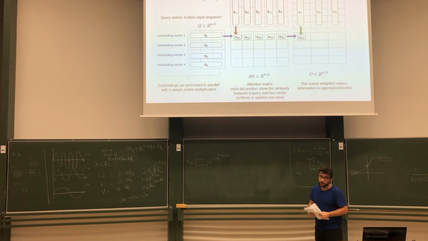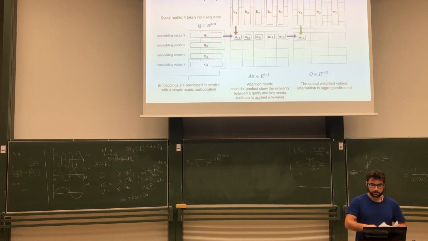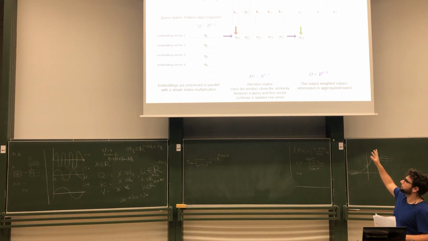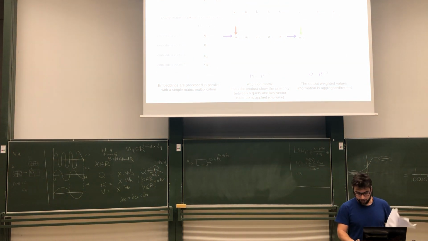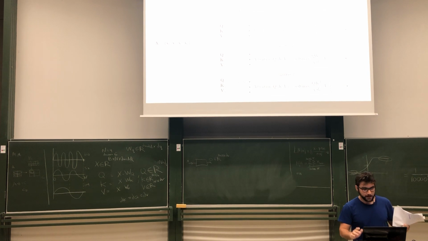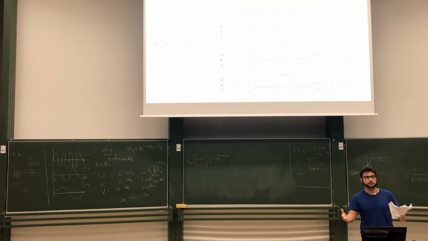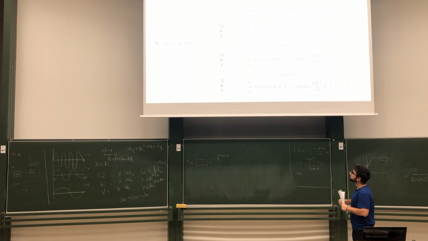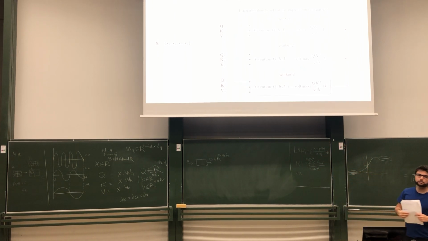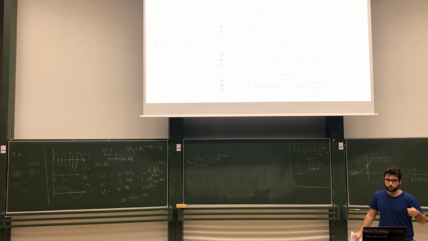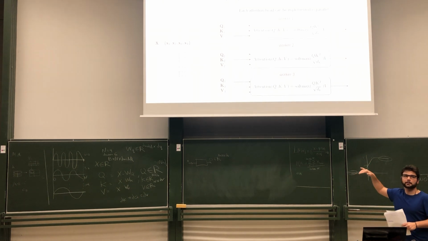However, they found out that even though everything here is happening in parallel, we can introduce another way of parallelism, which is applying this operation multiple times. So instead of taking the x and having only one triplet of queries, keys, and values, we have multiple of these triplets, and we call them heads.